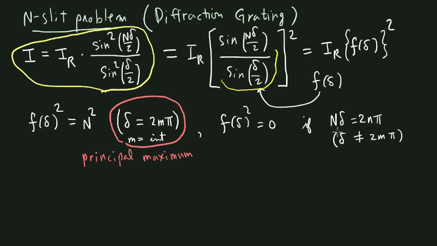And this is the intensity 0 condition. There are no other intensity zeros, and this is the intensity minimum.